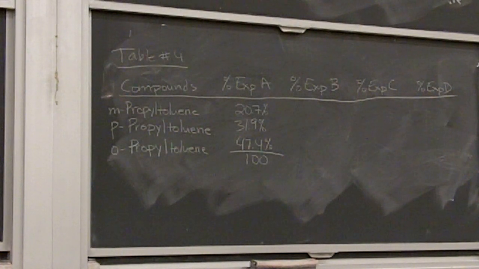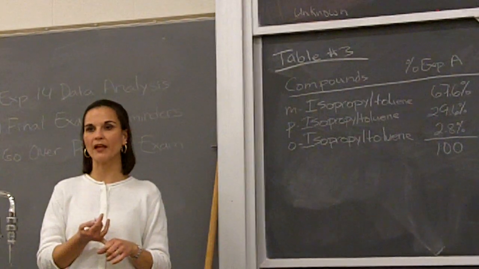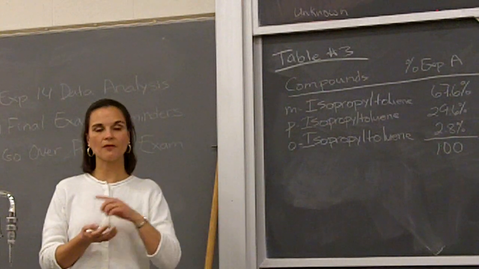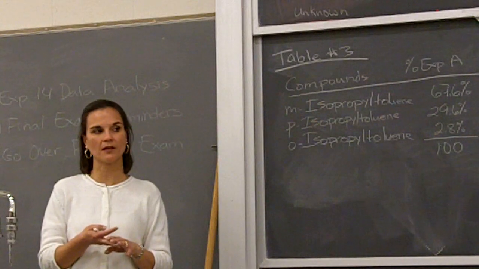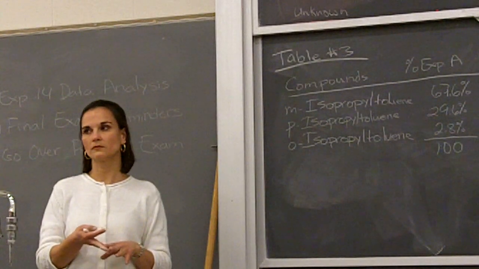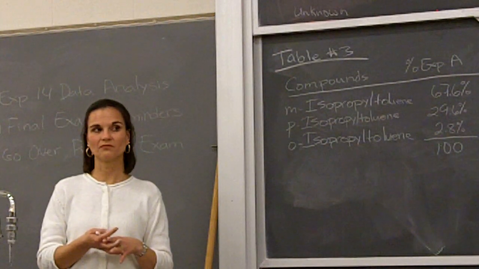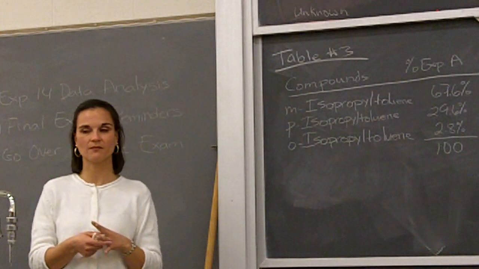Now, another thing, a couple things to review is when we talked about this experiment, we were looking at substitution on the aromatic ring, and we talked about kinetic products for that substitution. So what were the kinetic products? Ortho and para, right? Ortho and para substitution were our kinetic products.